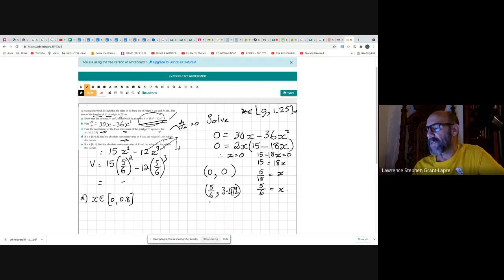What is 5/6? 0.8333. 5/6 is outside of our interval. So only 0 is in that interval. Find the absolute maximum of V for x between 0 and 0.8. Well, the thing is, at 0, 0, there is a turning point.